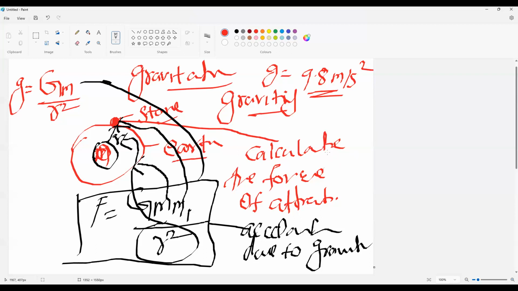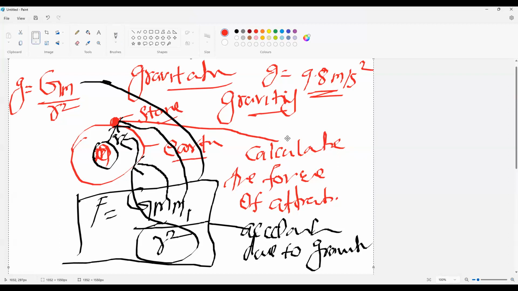There is nothing wrong. If you simplify with 9.8, it will be a trouble, so we can use 10 there. Are we clear till this point? Yes, sir.